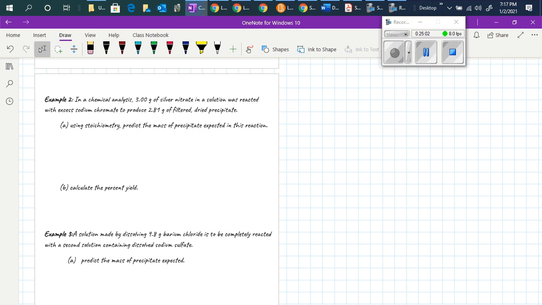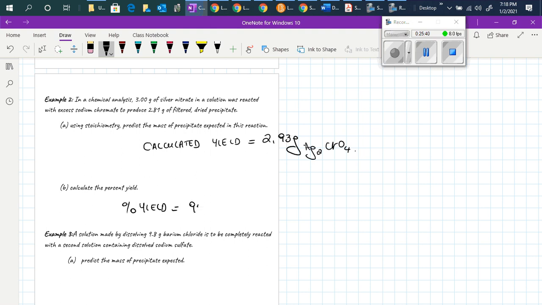Now I will just give you the numbers here. The calculated yield is 2.93 grams and the percent yield is 95.9%. Pretty good experiment.